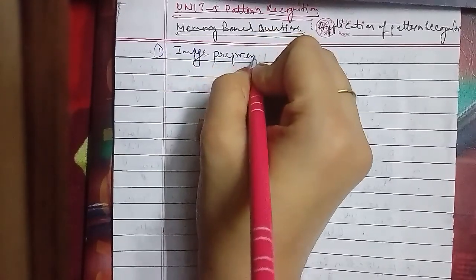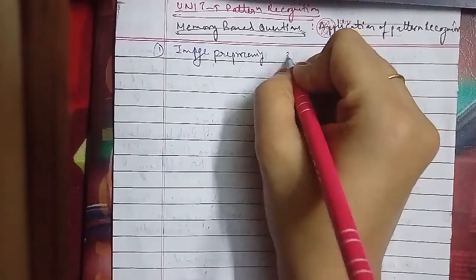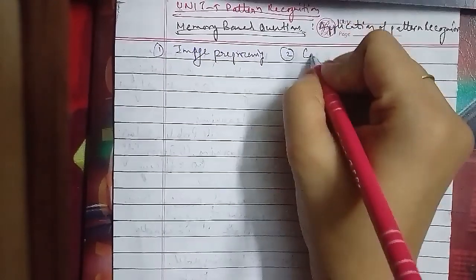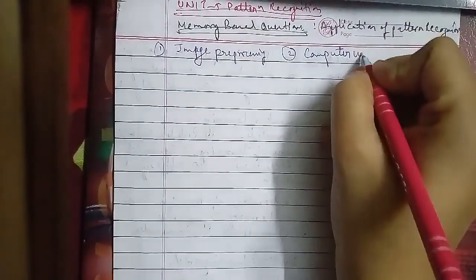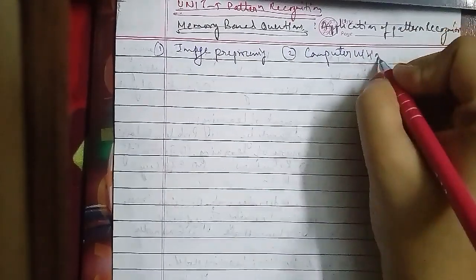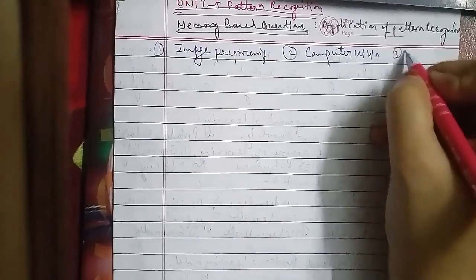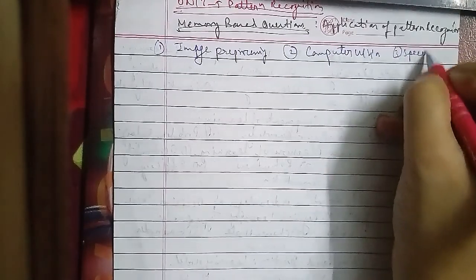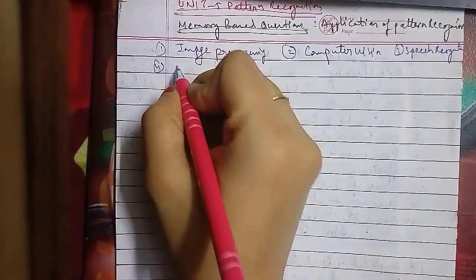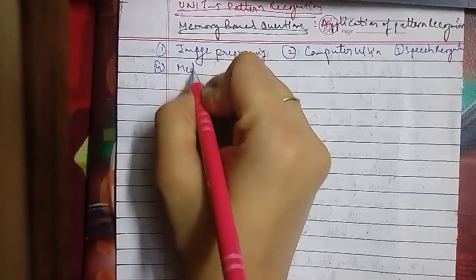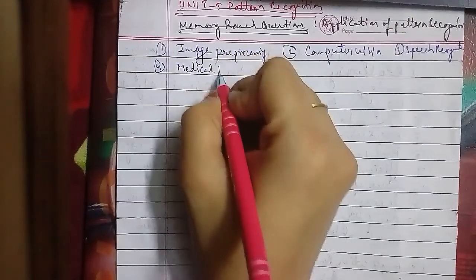Now we'll talk about another question, that is, what are the components used to design a pattern recognition system? Here we have 5 components. The first is sensing.